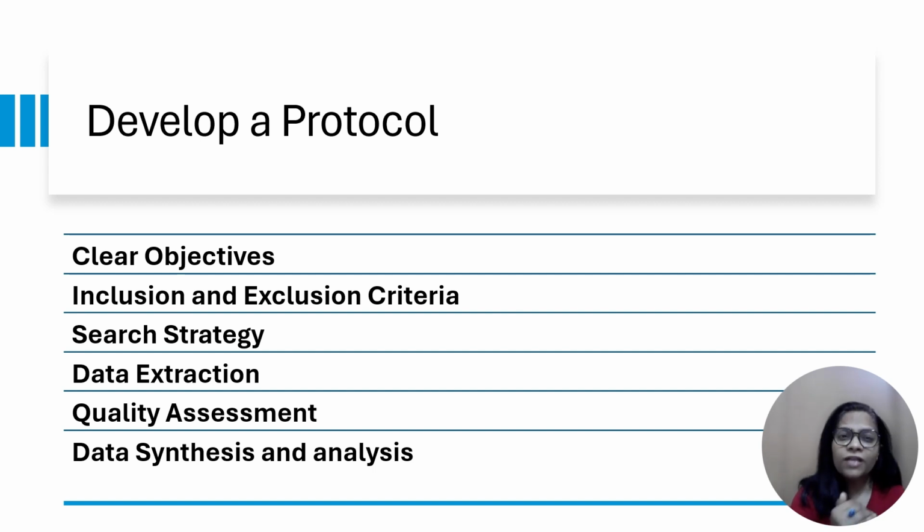Then detail your plan for identifying the relevant literature in your search strategy. Specify the academic databases that you will search, for example, PubMed or Web of Science or Scopus, at least two databases you must search. You must also list the keywords and search terms you will use while looking for these studies in your database.